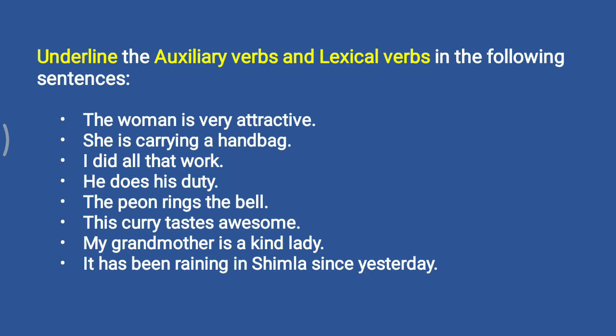In this sentence, tastes is the lexical verb. My grandmother is a kind lady. In this sentence, is is the lexical verb. It has been raining in Shimla since yesterday. Here, the lexical verb is raining because it shows an action, and has been are the auxiliary verbs.